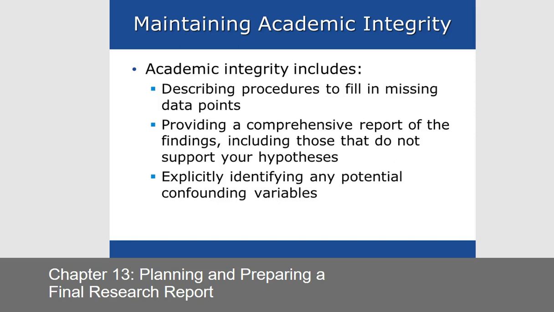We also want to describe any procedures to fill in missing data points. There are some statistical procedures that we can use when we do have omissions of data. So if we have a certain percentage of data from a participant, we can sometimes compute an average for the ones that are missing instead of computing zeros for those items that they skipped.